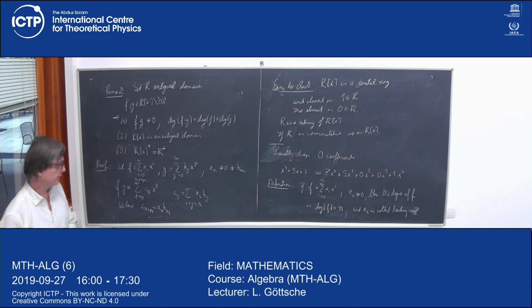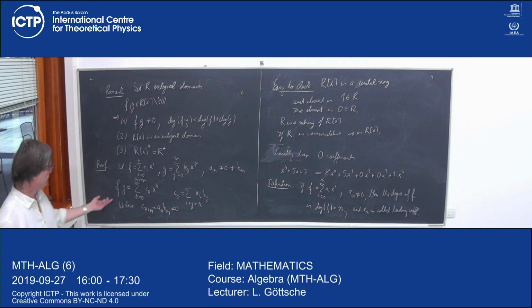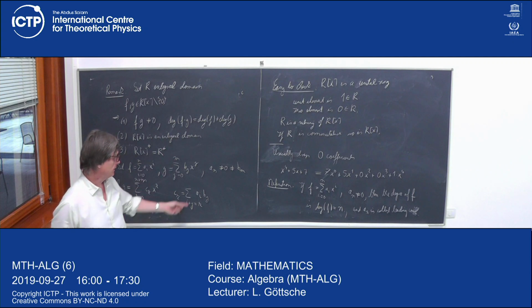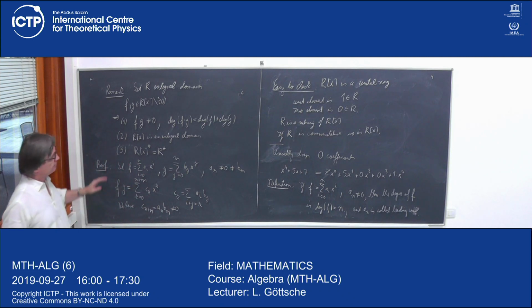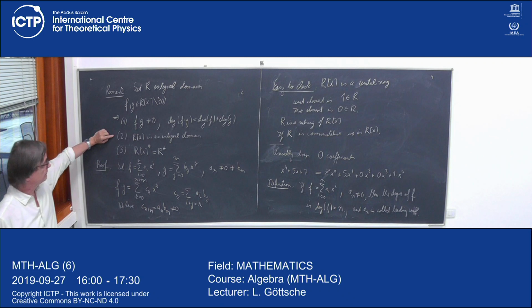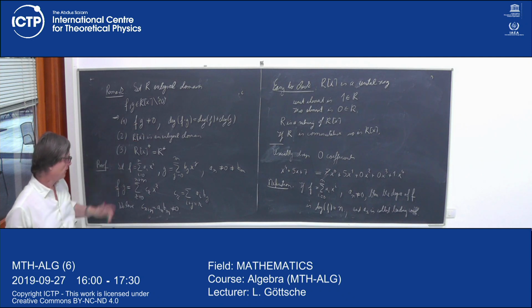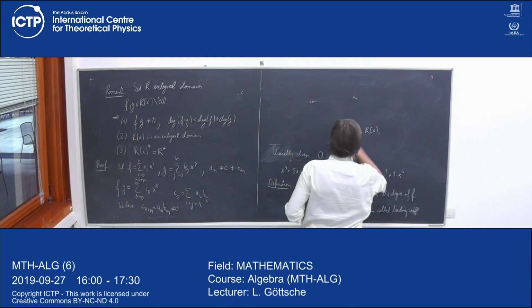And as these are both non-zero, this is not zero. And so this shows that f times g is not 0, and its degree is n plus m, which is the degree of f plus the degree of g. And obviously 2 is just a reformulation of this statement: if you have two non-zero elements, the product is non-zero. Okay, and then the last one is just a simple fact, but again using the degree.